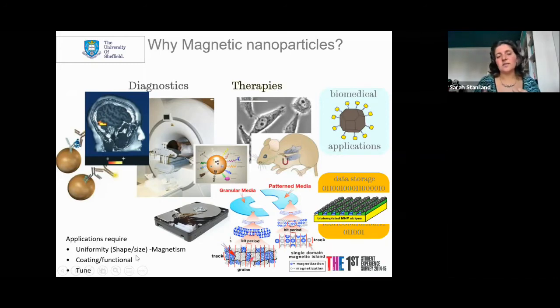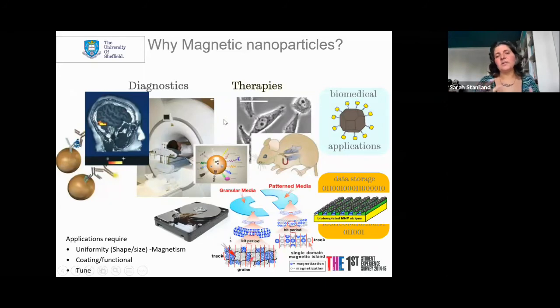That obviously controls the consistent magnetism, but it's also crucial for the applications. I've already mentioned the spacing for the magnetic hard drives, but size and shape is really important for nanomedicine too.